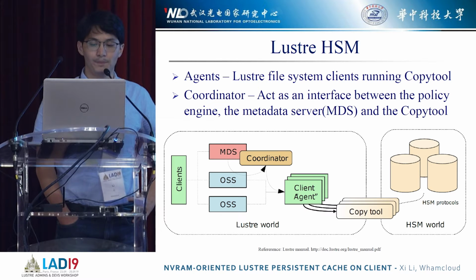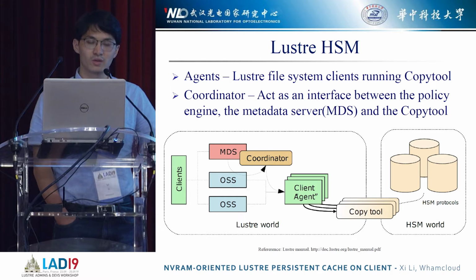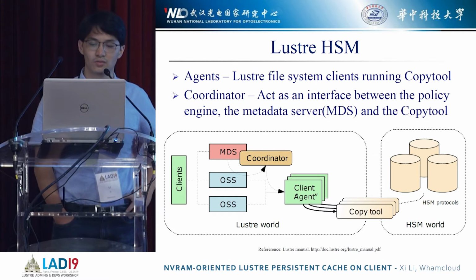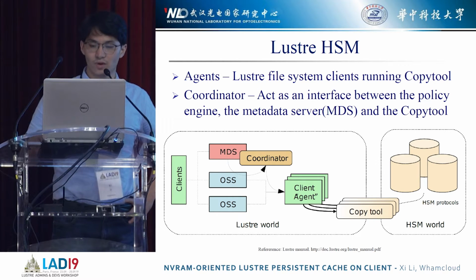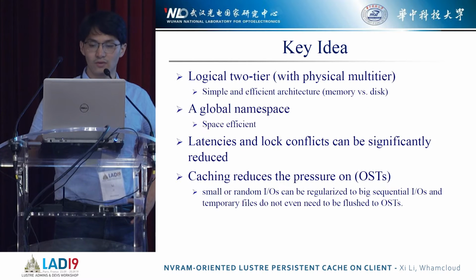So it reuses a lot of things in Lustre HSM, and it reuses the way HSM copies the data. It uses the copy tool to synchronize from PCC to the OSTs. So we don't invent everything from scratch, and that saves a lot of effort.